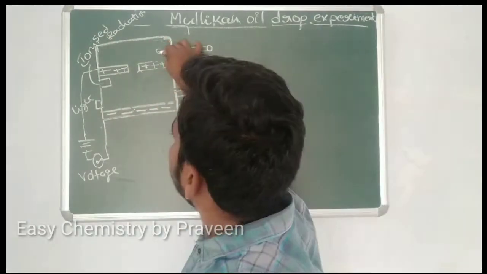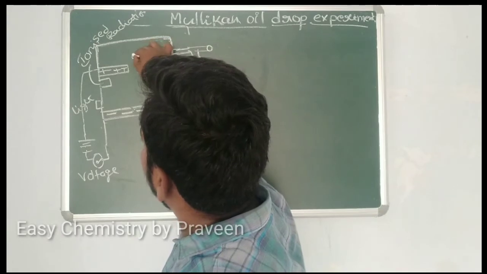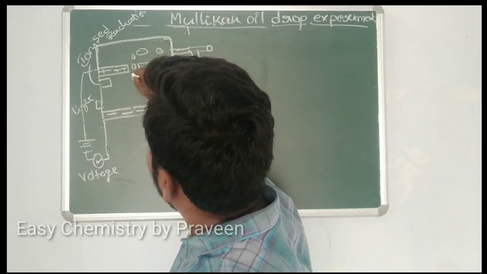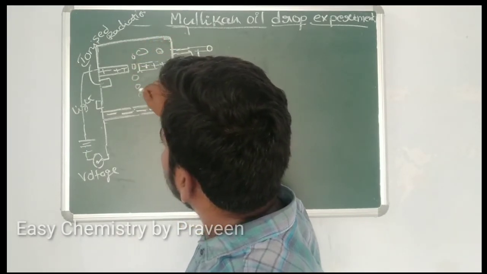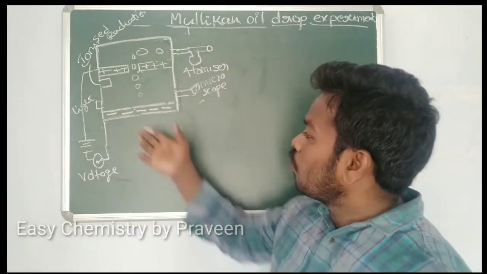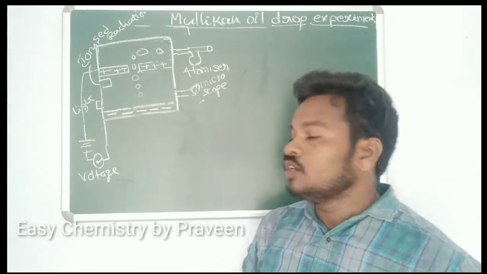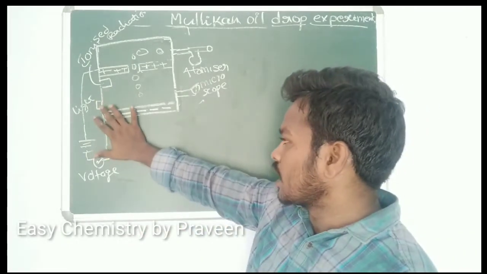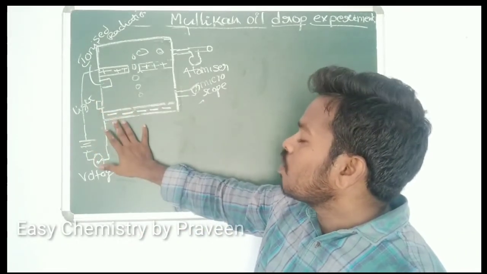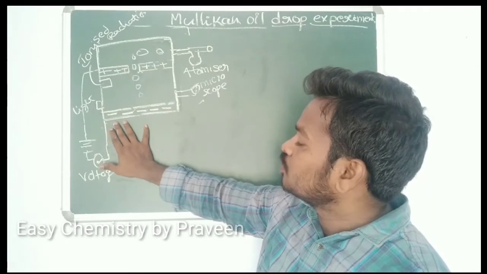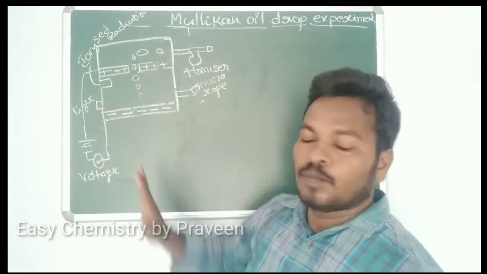Whenever he sprayed inside the chamber, the oil droplets go through this hole towards the bottom plate. The two metal plates are connected with electricity: one acquires negative charge and the other has positive charge.